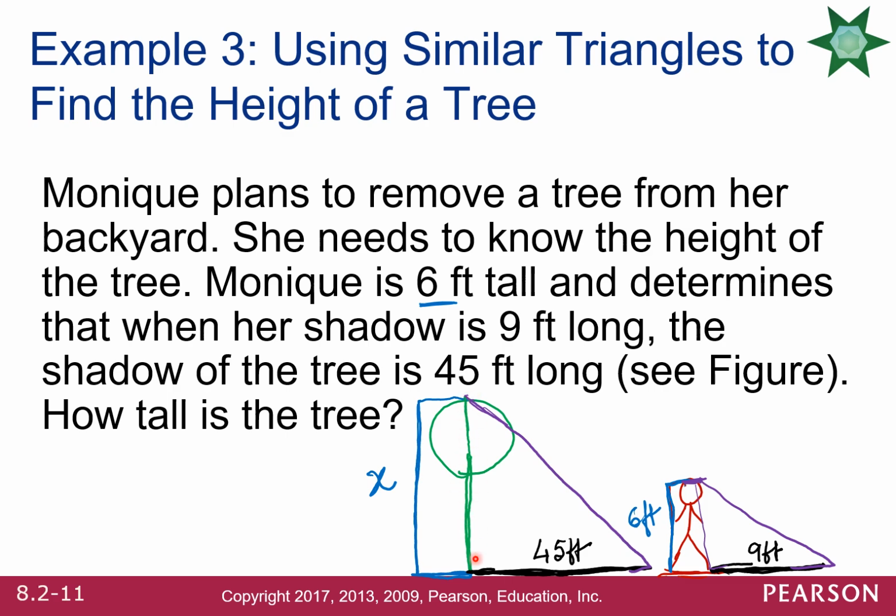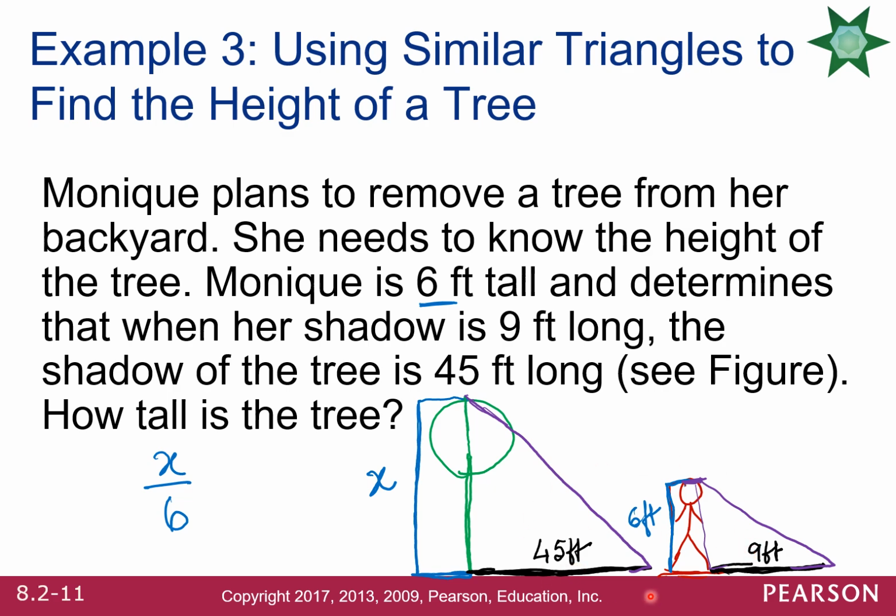The height of the tree and the height of Monique correspond to each other. They are proportional. So we can write those two heights as x divided by 6. And then the length of the shadow of the tree and the length of Monique's shadow are corresponding sides, so they will be proportional. So it'll be 45 over 9.